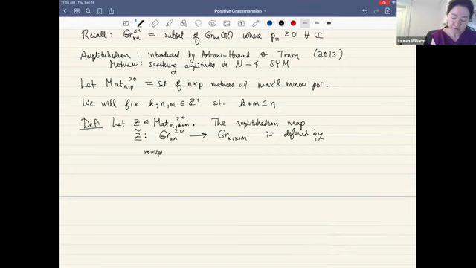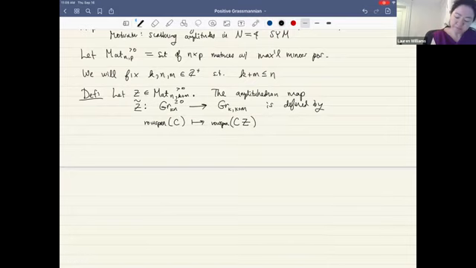So if I represent my element of the positive Grassmannian by a full rank k by n matrix C, then the map Z tilde is going to take C to the row span of C times Z. So C is a k by n matrix, Z is an n by k plus m matrix. The result is a k by k plus m matrix, which one can check has full rank. And so the row span of the product represents a point in the Grassmannian of k-planes in k plus m space.